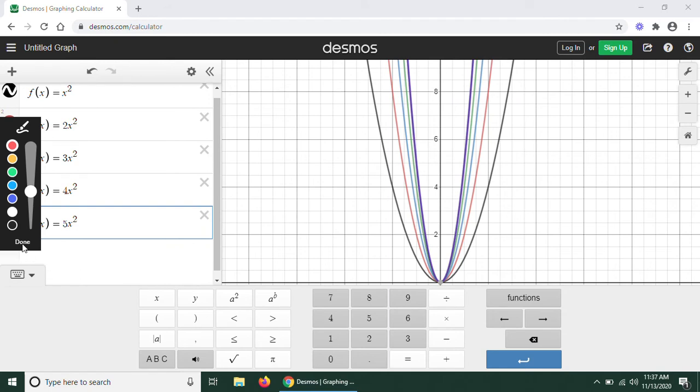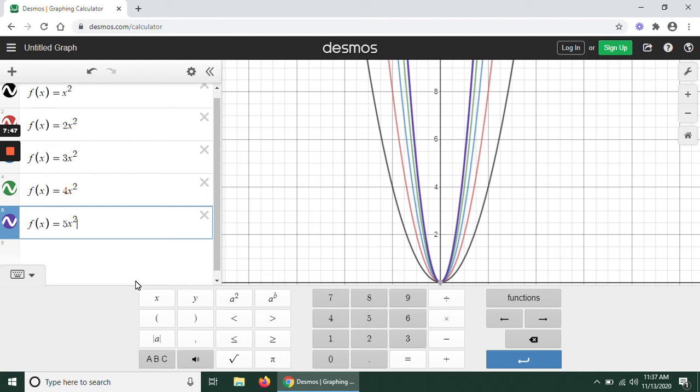So the reason we describe the change of this graph as a vertical stretch is that as you increase the number on the outside of the parent function, the new graph has the appearance of an elastic band that you would stretch vertically by pulling on the ends upwards.